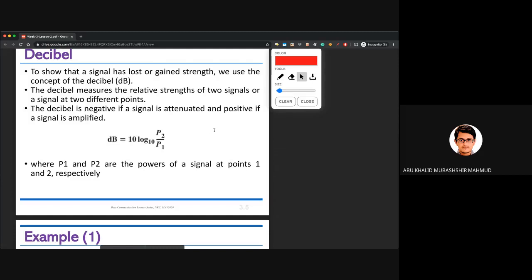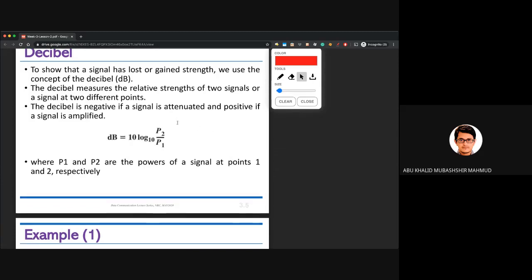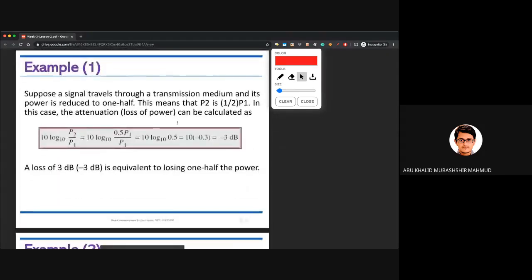These mathematics are very important for your quiz or your midterm, so be careful about that. And here in this type of mathematical example, we find out if the signal has lost strength. We have already declared if the value of decibel is negative, it has lost some strength, and if the value is positive, it has gained some strength.